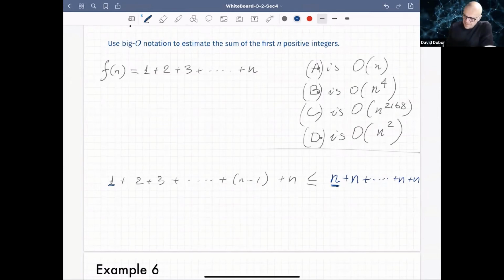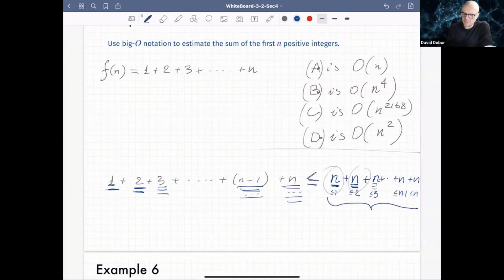The first n is bigger than 1, this n is bigger than 2, and instead of this 3 we got this n, and so on. n minus 1 is less than or equal to n, and this is less than or equal to n. Each term is larger on the right-hand side, and how many of these guys do I have?